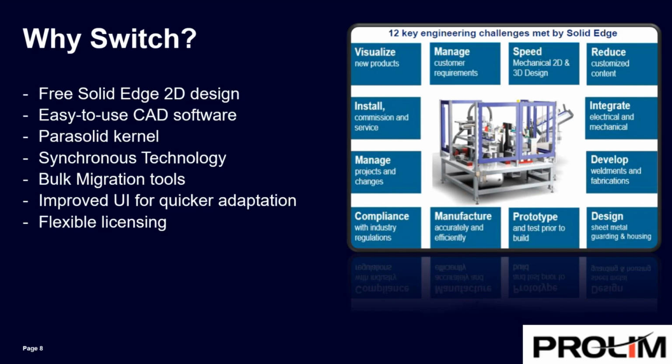And then we have options like bulk migration tools for SolidWorks parts, assemblies, and drawing files. We can also maintain the links and keep associativity of these part files to drawing files to assembly files. So we can maintain all of that associativity from all the SolidWorks data inside of Solid Edge, and we don't have to relink that stuff if we use these specific migration tools.